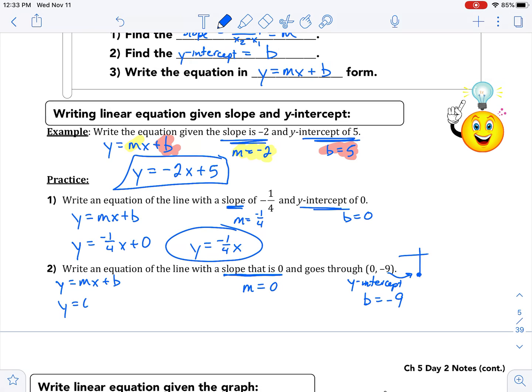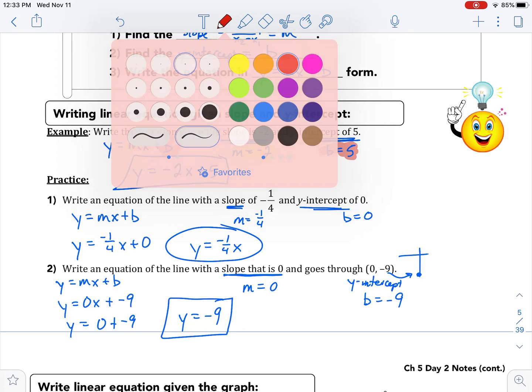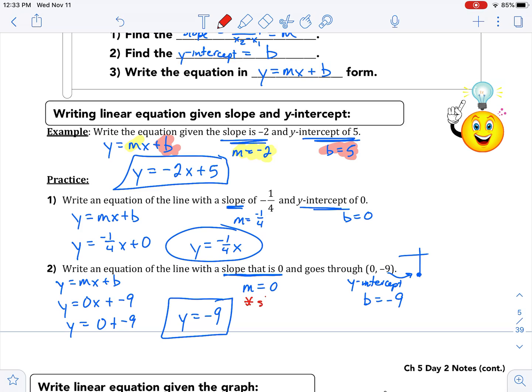When I write this, I get y equals 0 times x plus -9. We know, though, that 0 times x is 0, and 0 plus -9 is going to give me the equation y equals -9. And maybe a quick reminder, I'm going to put this in a different color, is that if we have a line that has a slope of 0, we know that this is a horizontal line.